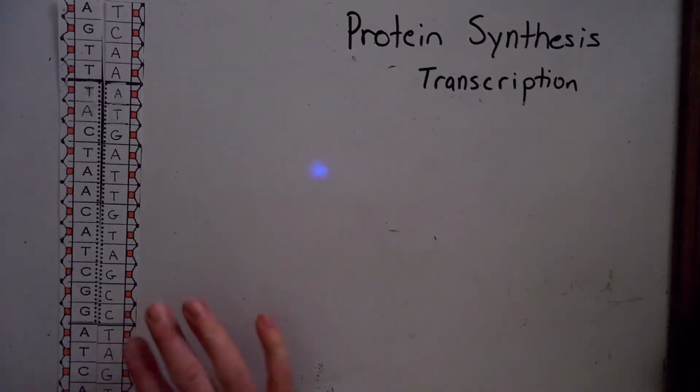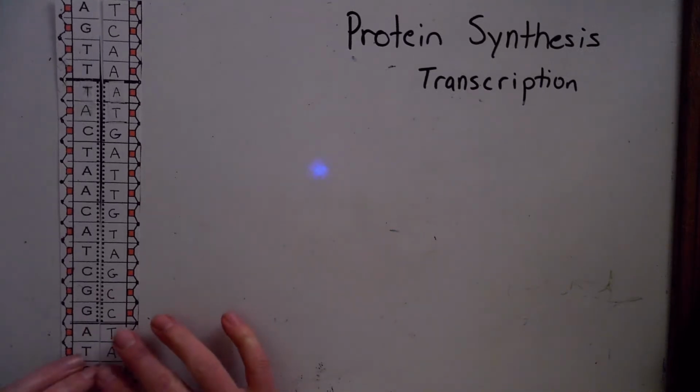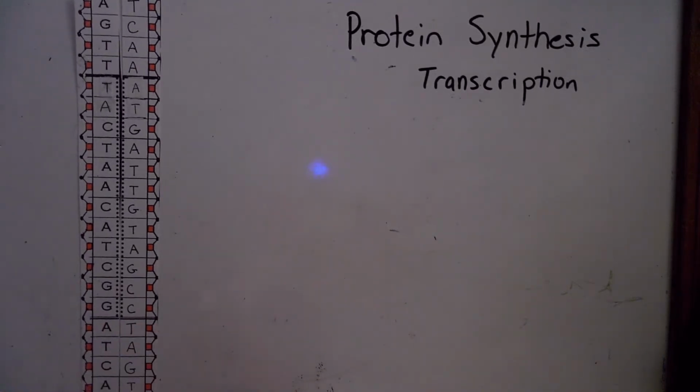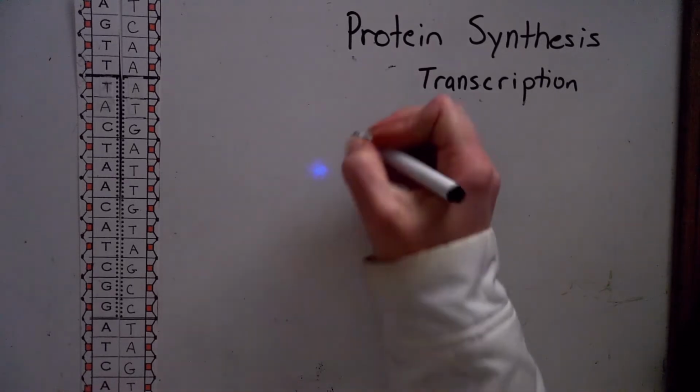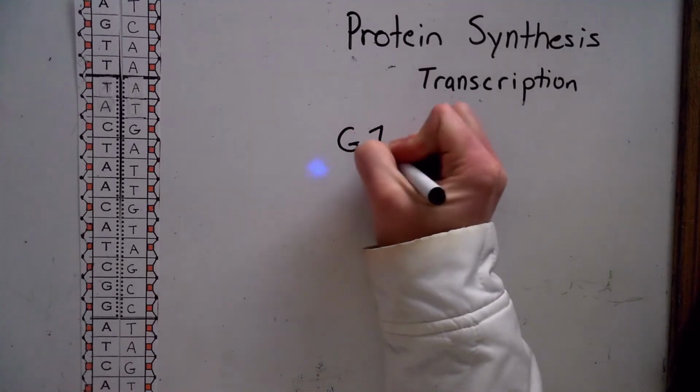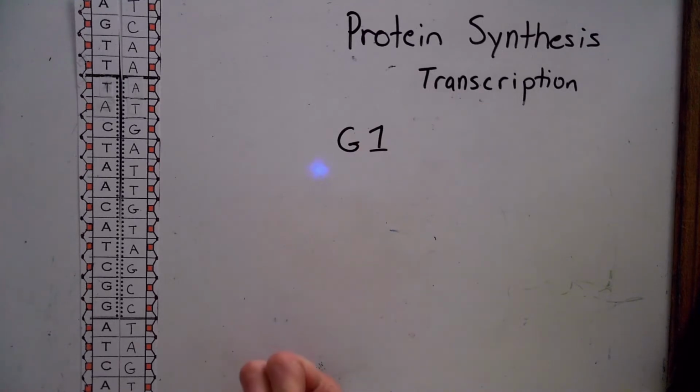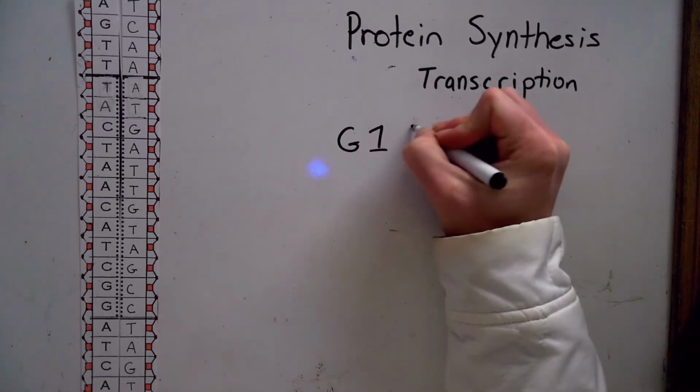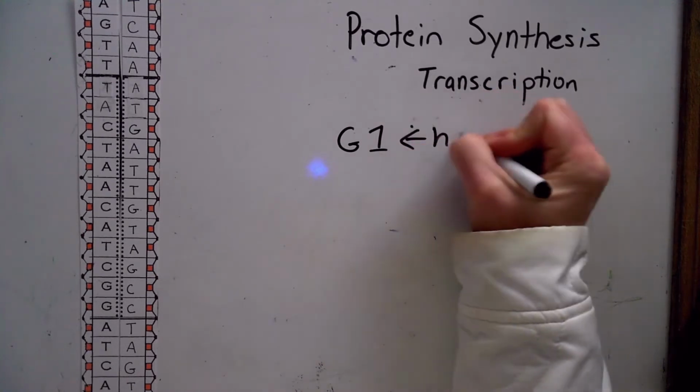So our bodies have DNA in them. And during the cell cycle, the G1 of the cell cycle is when the cell is busy making proteins. Okay, so this happens during G1.